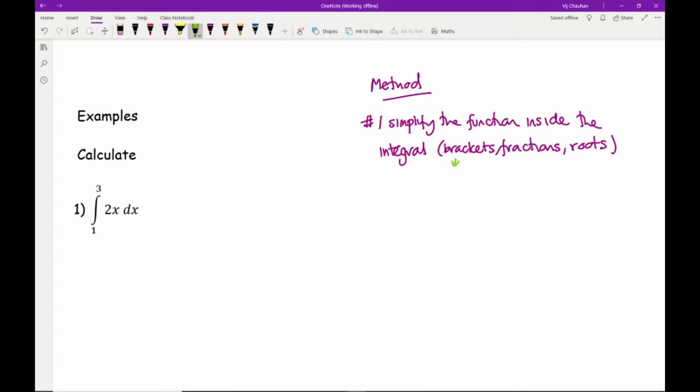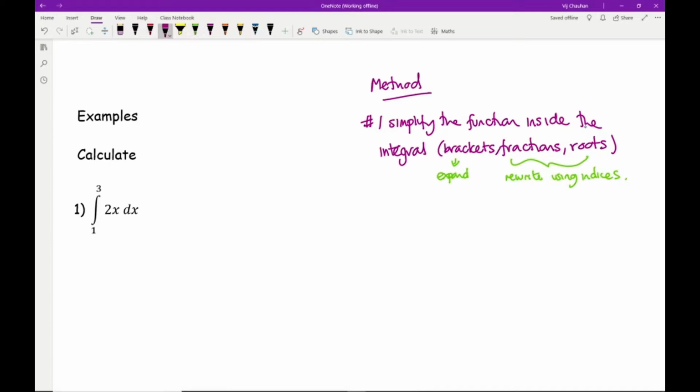So if I have brackets, expand. If I have fractions or roots, write using indices. So that should be the very first step that you do.